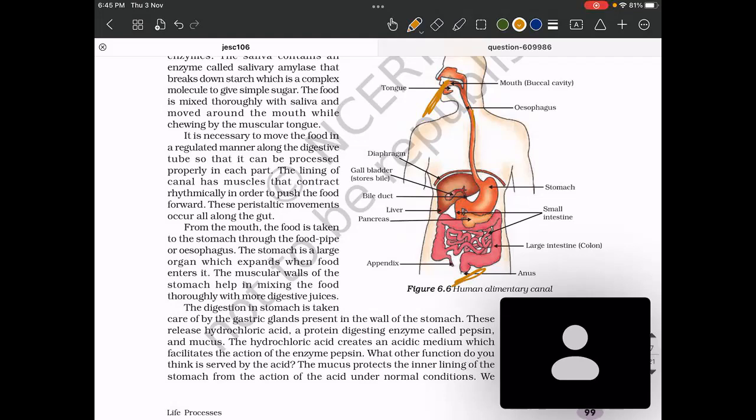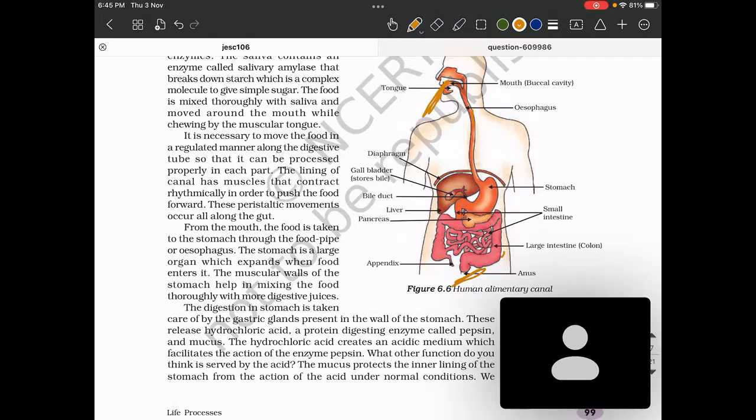And then you have the large intestine: ascending colon, transverse colon, descending colon, and rectum, and finally the anus. Okay, mouth, esophagus, stomach, small intestine, large intestine, rectum, anus. They are the components of the alimentary canal.